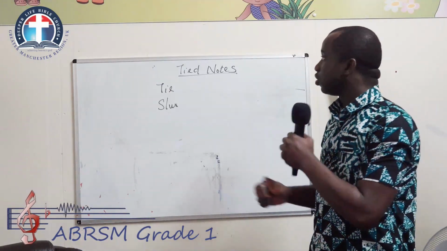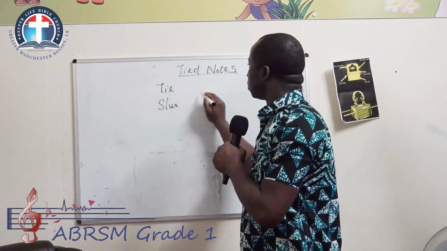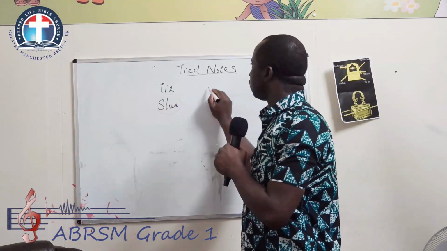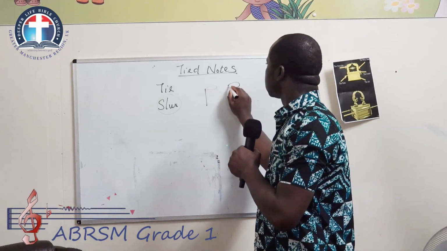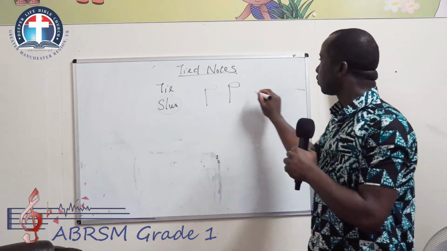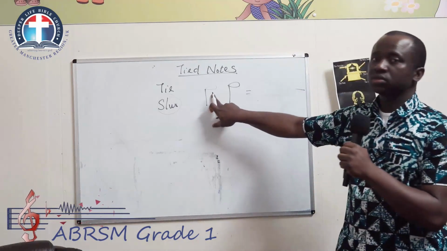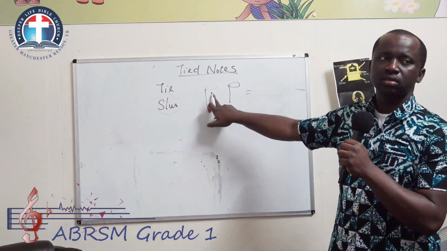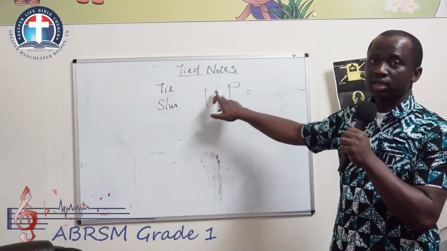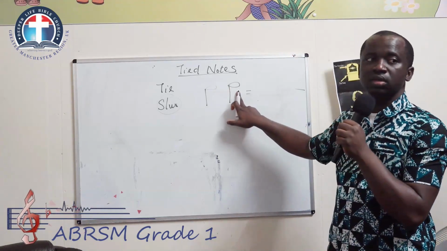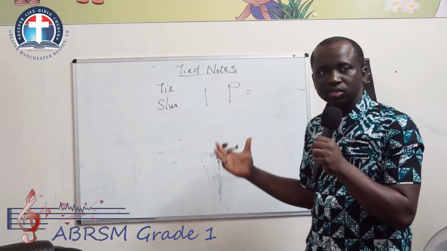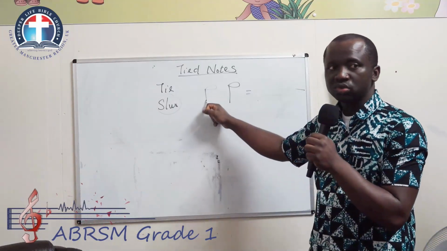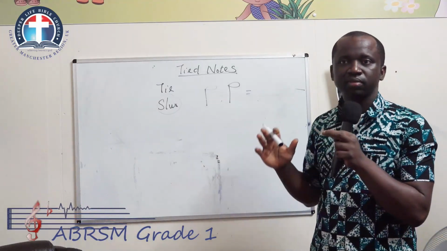So for example, if you have this and this, this is 2 beats, and this is 2 beats. If you were to count this, you count 1, 2, and then you count 1, 2 separately.